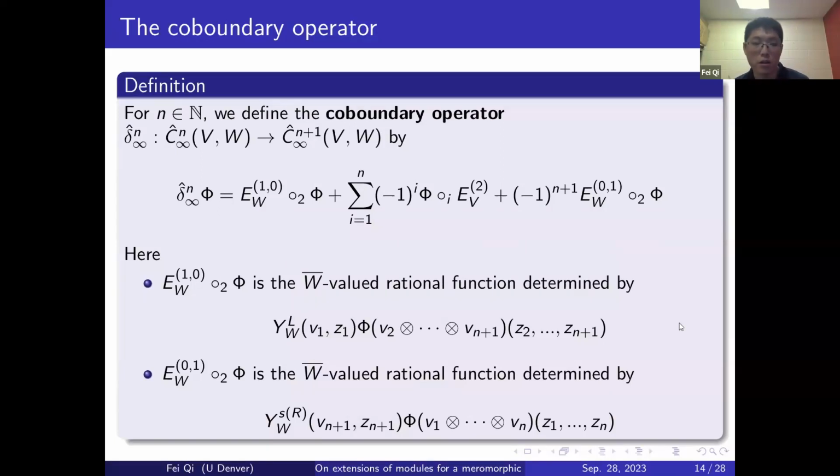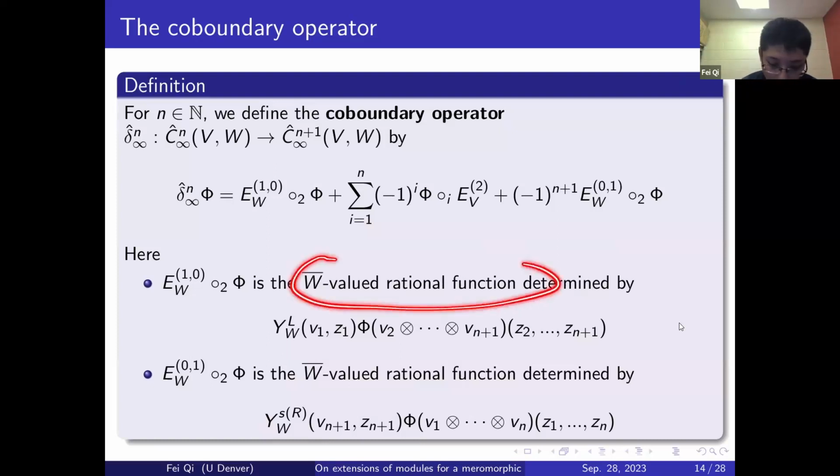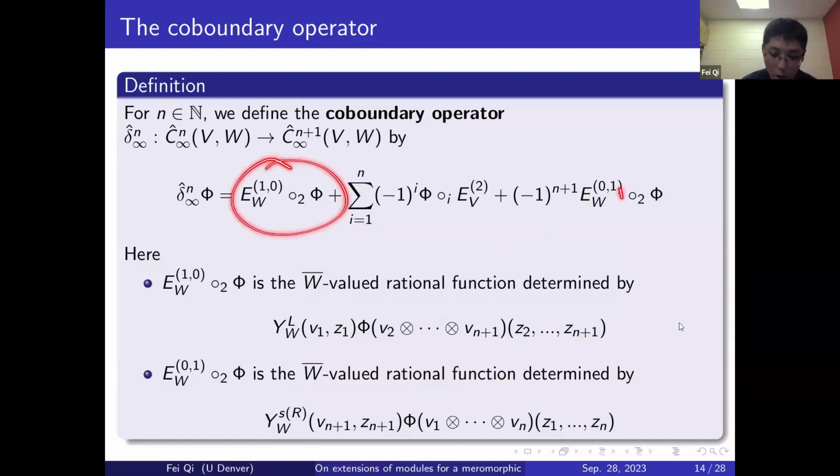That's why we shouldn't be using series to define the cohomology theory. We have to work over the W bar valued rational functions, namely the analytic continuations, to avoid the trouble of the components having disjoint regions of convergence. This is one of the key parts in Huang's construction.